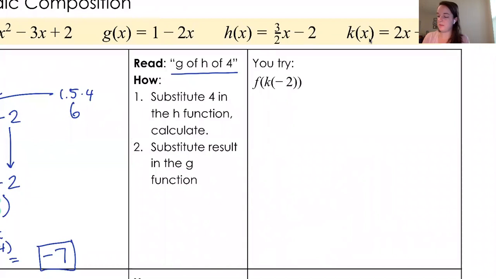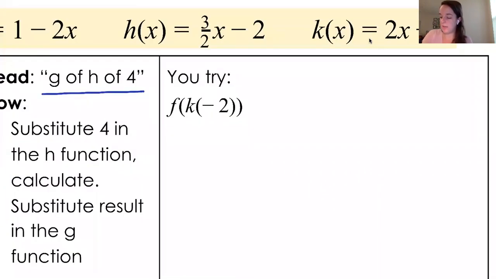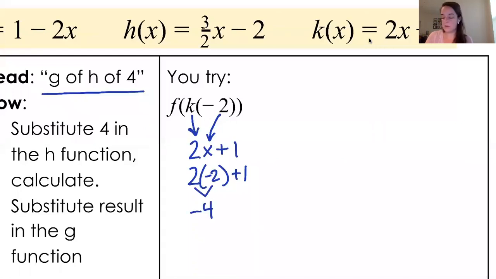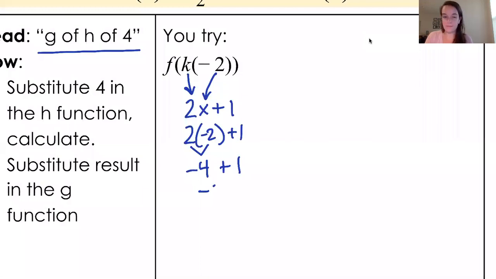All right. So I'm going to start with my k function, which is 2x plus 1. And I am substituting in -2. So I'd have 2 times -2 plus 1. So 2 times -2 would be -4, plus 1 would be -3.